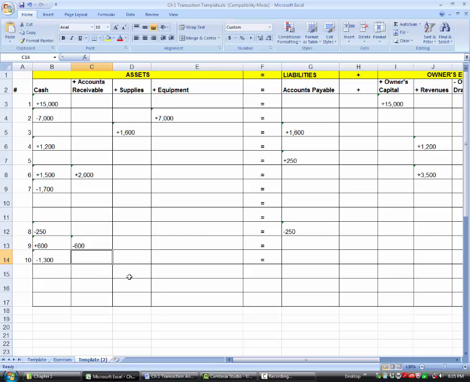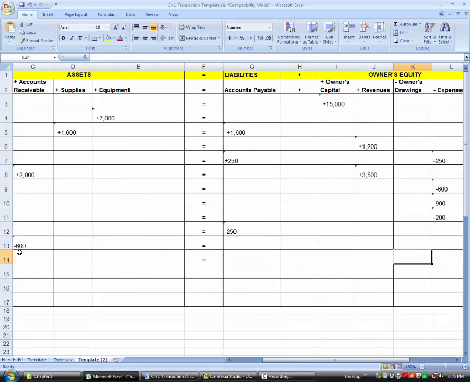And where does the other side go? Well, you might remember that owner's drawings is one of the things that impact owner's equity. Owner's drawings is the account or the column that we will use to reflect the amounts that are taken out by the owner. Now, owner's drawings is increasing, but when there's an increase in owner's drawings, it actually results in a decrease to owner's equity. Think of it this way.